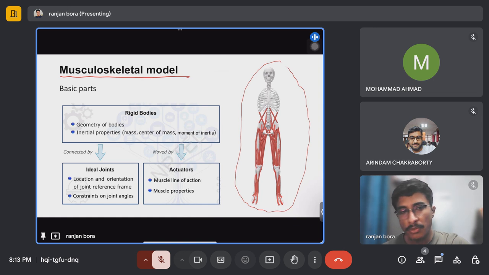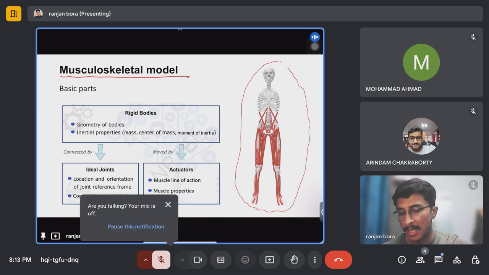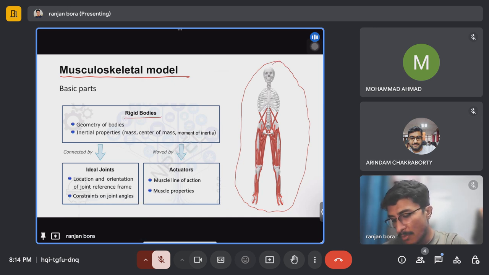First we need to develop this musculoskeletal model, and the musculoskeletal model consists of rigid bodies. Rigid bodies are the bones; we model these bones as rigid bodies in the musculoskeletal model, and these bones are connected by ideal joints.